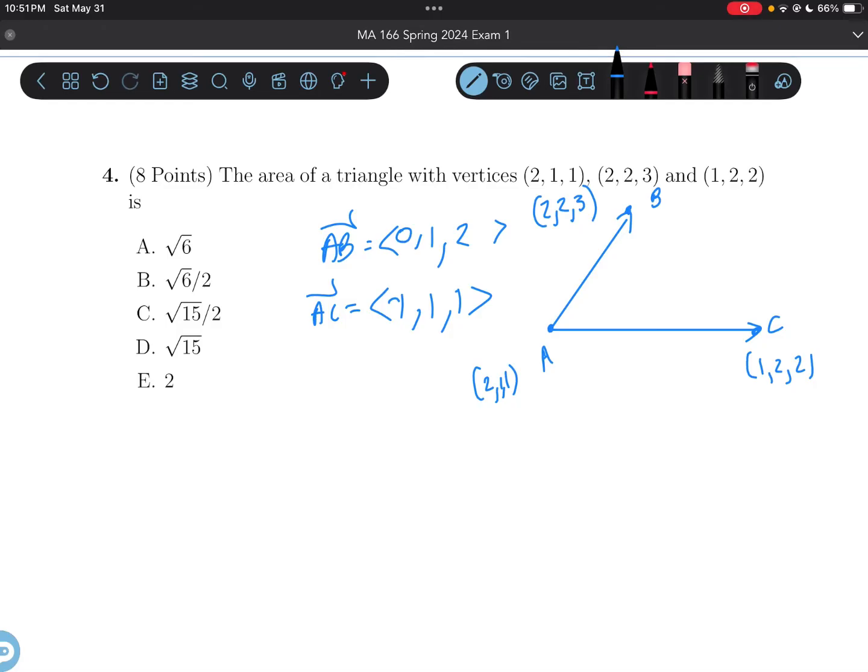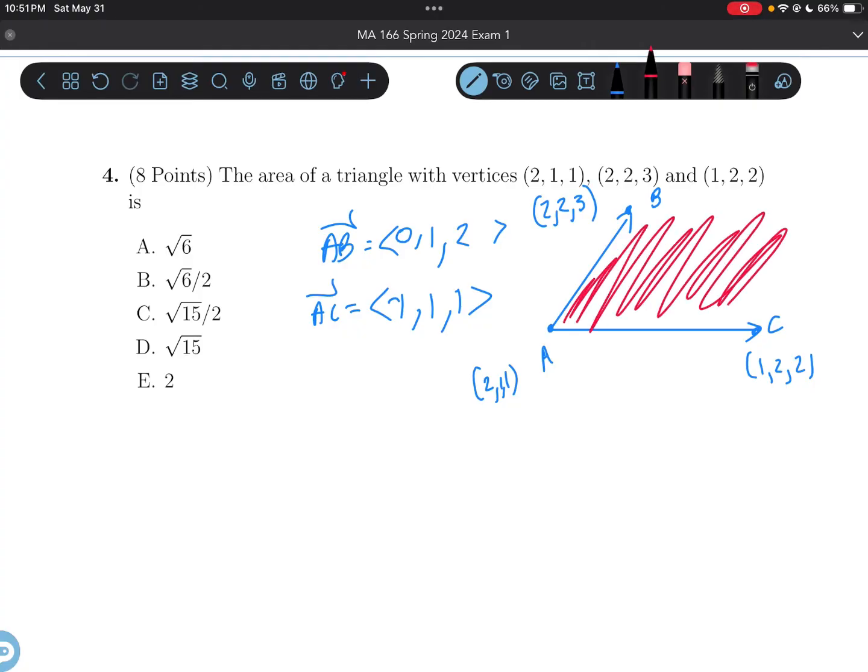So now the reason we did this is because we can use the cross product of two vectors to find the area of the parallelogram that is formed by those two vectors. So in this case, we would find the area of this parallelogram over here.